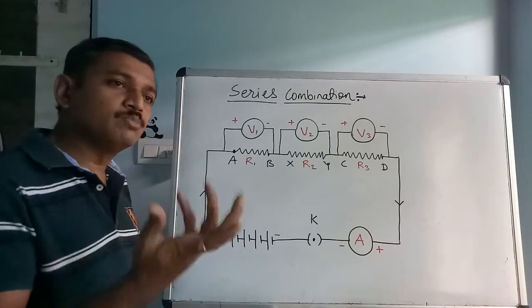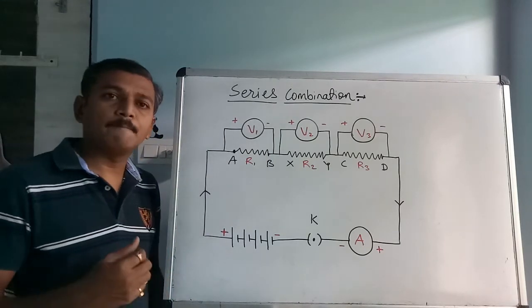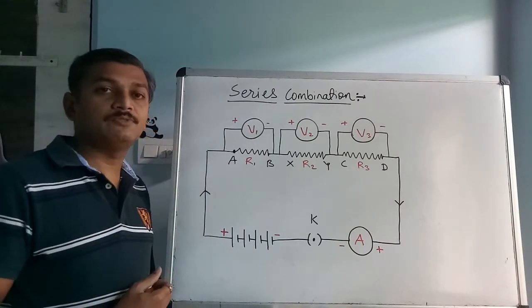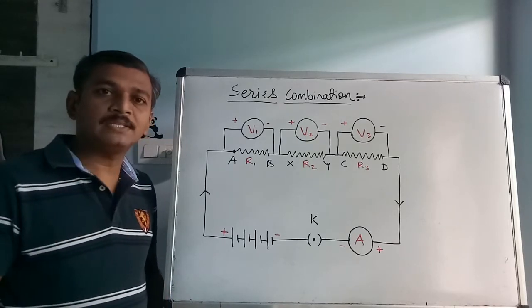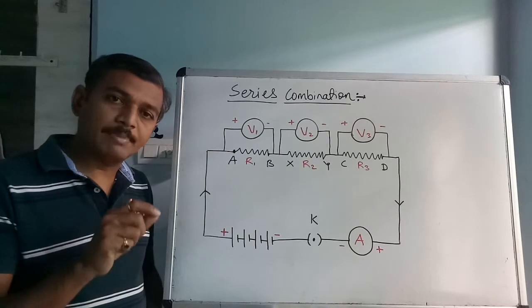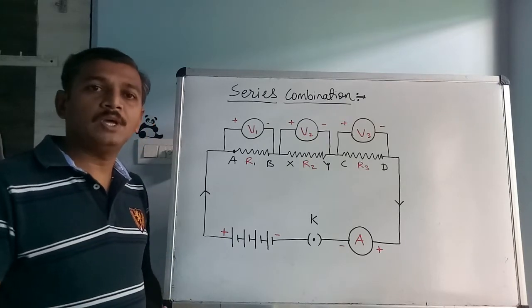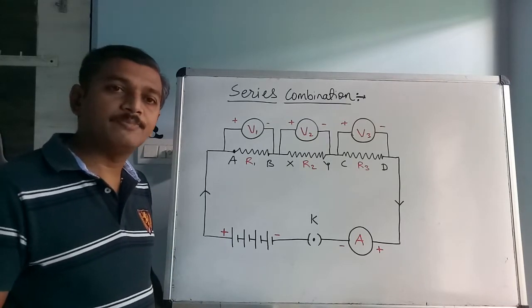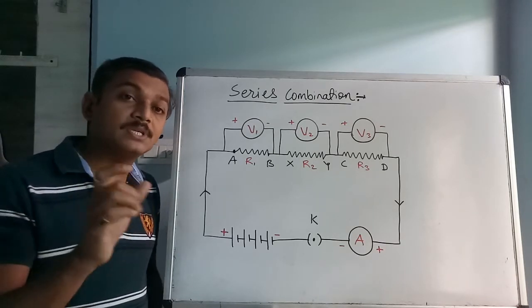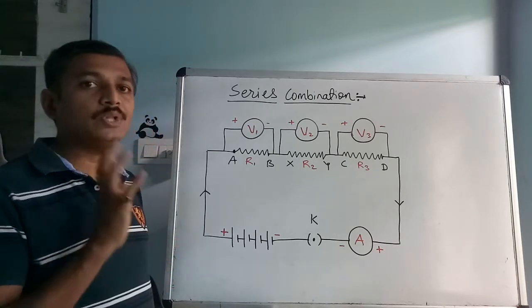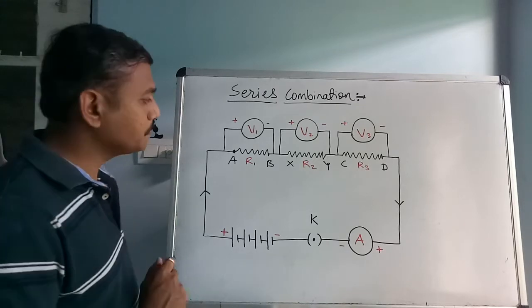Now let us move on to the circuit diagram, which will explain this more properly. In your 10th standard year, this is also a practical, where you will be taken to the physics lab and the experiment of series combination will be done. Now the experimental arrangement.